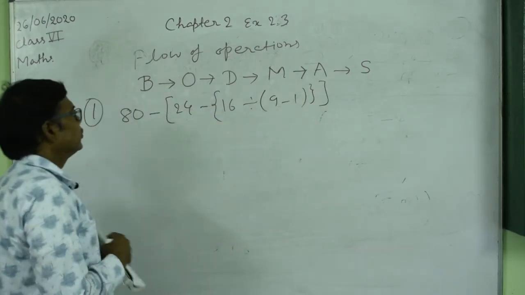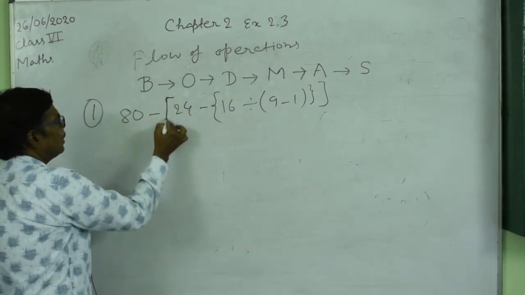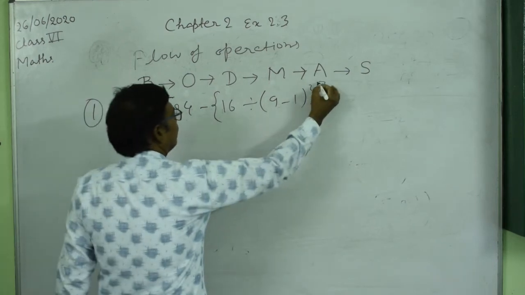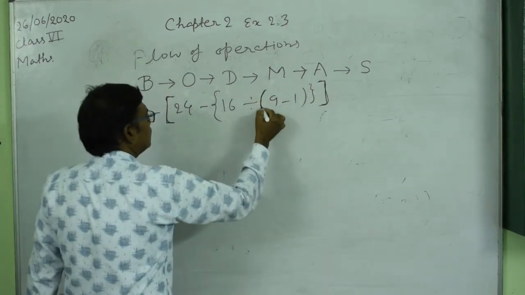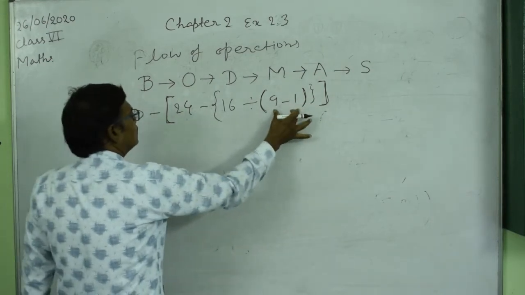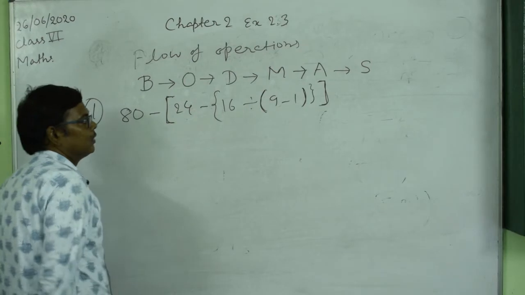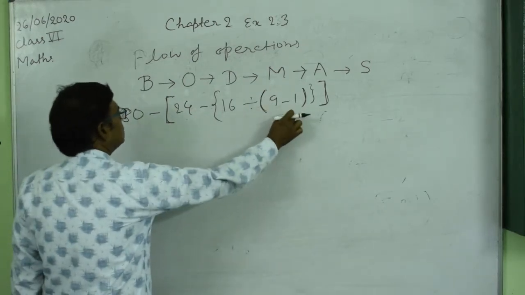Now see that the square bracket is the outermost bracket, and the innermost bracket is this parenthesis. So first we will solve the innermost bracket. 9 minus 1 is 8.